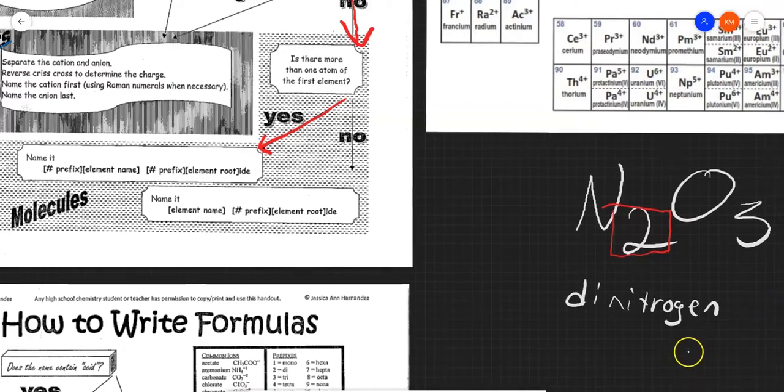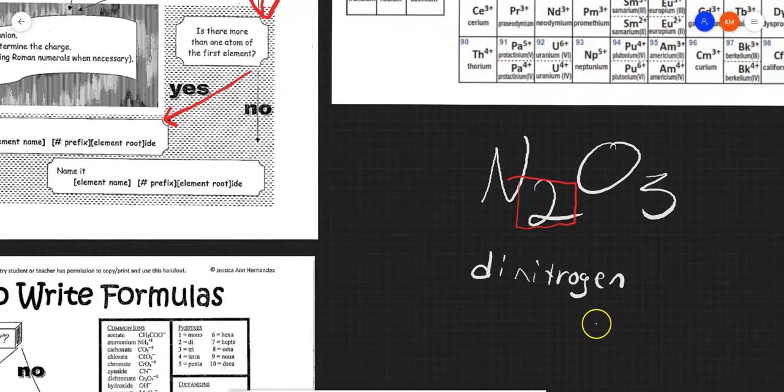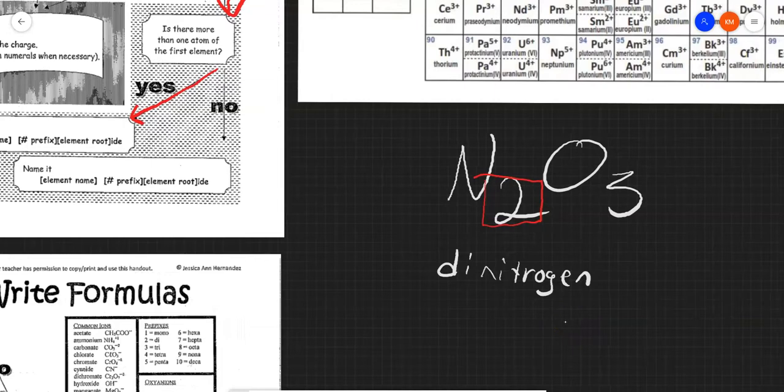Element name, not ion name, so I'm not going to put nitride here, just nitrogen, dinitrogen. And then again, prefix, element root, IDE. Well, oxygen we've kind of already done, right? And 3, we've figured that out too. Tri, oxide. So dinitrogen trioxide.